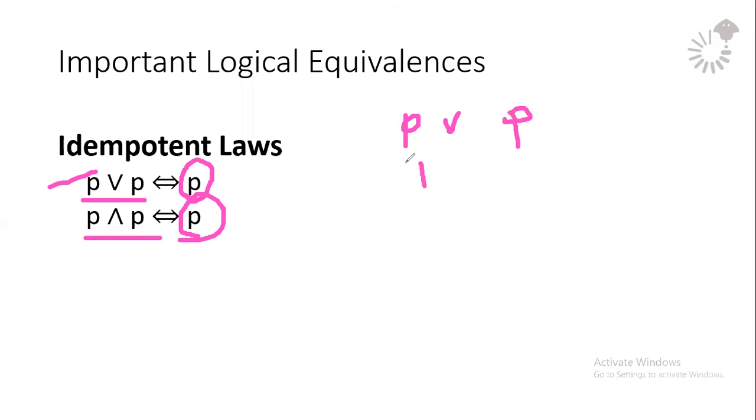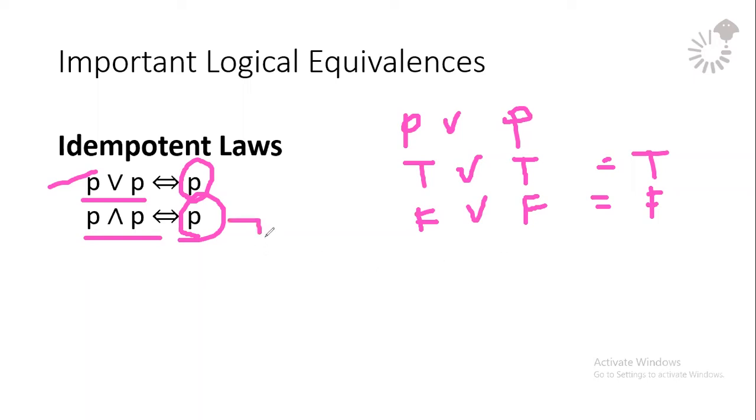Suppose the value of P or statement is true. True or true, the answer is itself, still true. If the value of P is false, false or false, the answer is itself again, which is false.